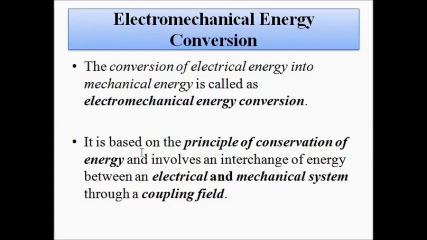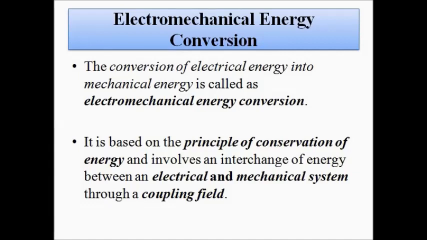To elaborate, electromechanical energy conversion obeys the principle of conservation of energy, which means that the interchange of energy between the electrical and mechanical system involves no loss of energy.